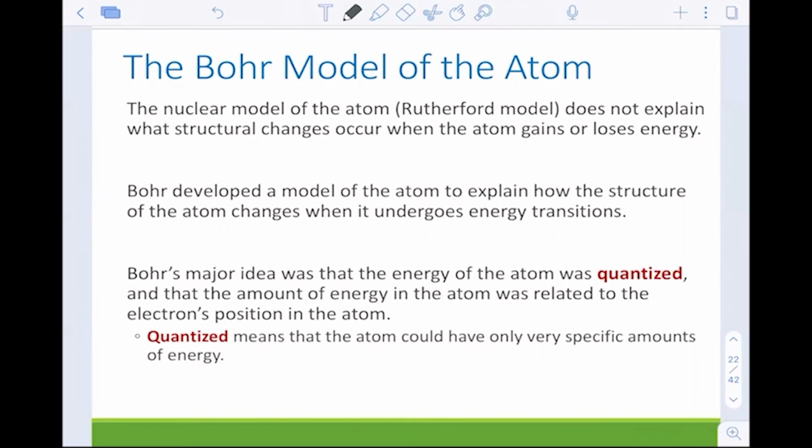All right. Rutherford did not explain any of the structure of the electron cloud. It was Bohr that developed a model of the atom to explain how the structure of the atom changes when it undergoes these energy transitions that were observed in the atomic emission spectra. Bohr's major idea was that the energy of the atom was quantized, and the amount of energy in the atom was related to the electron's position in the atom.